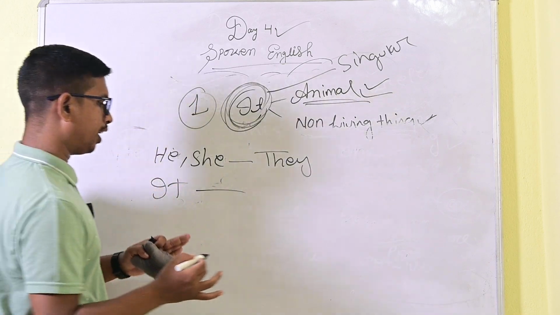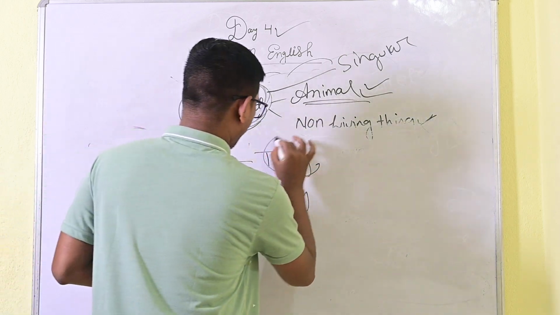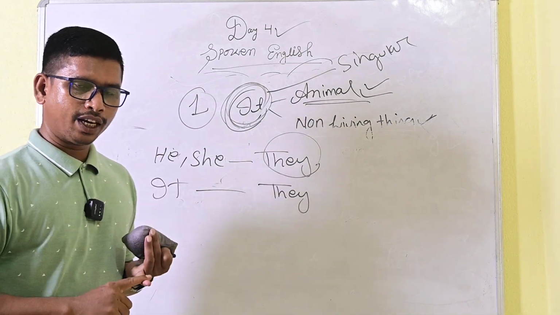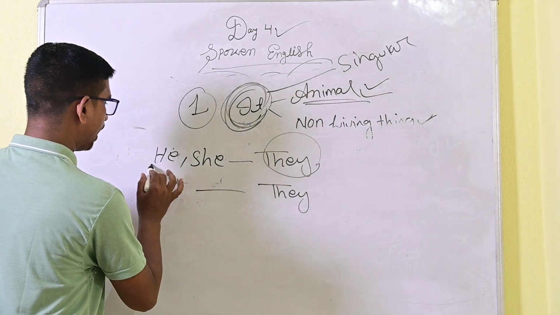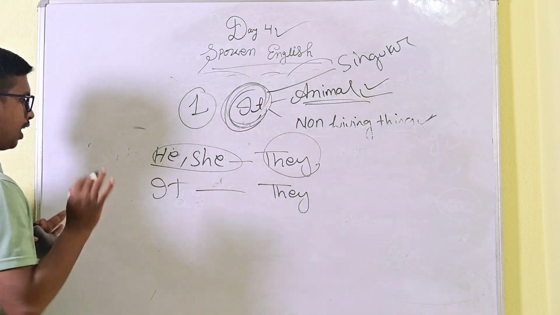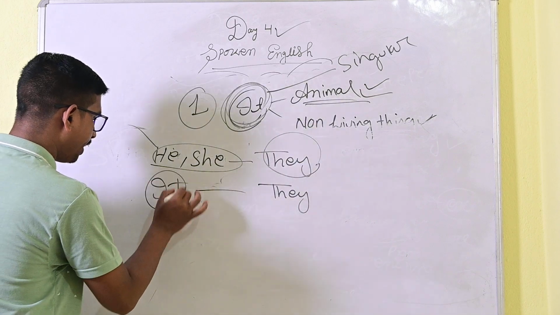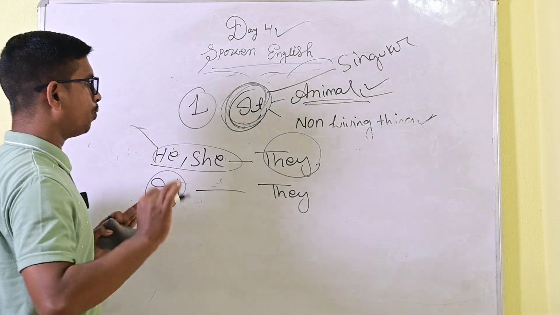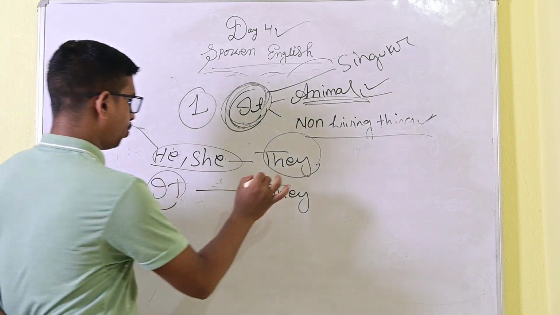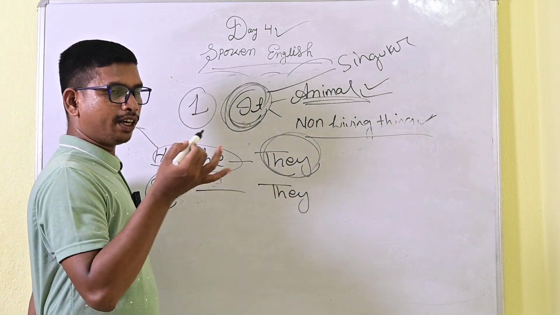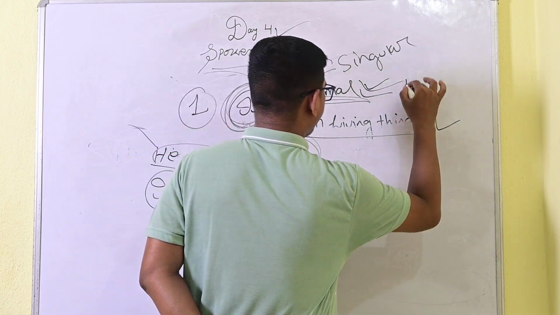When it becomes plural we also use they. It means the word they is used with living beings, non-living beings, or animals. But he and she are only used with people, and it is only used with animal and non-living thing. But the word they can be used with animal, non-living thing, and people.